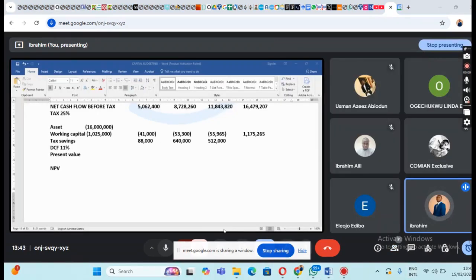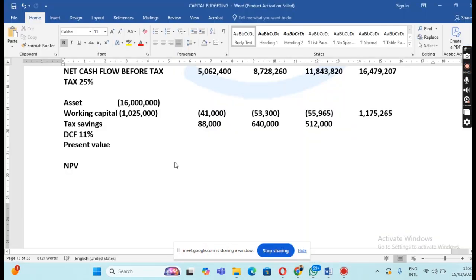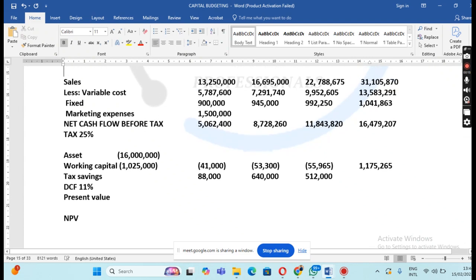Okay, now where are we? We need to get the tax, right? We need to do the tax of this. Please give me the figure. What will be the tax? Don't forget that this is the net cash flow.